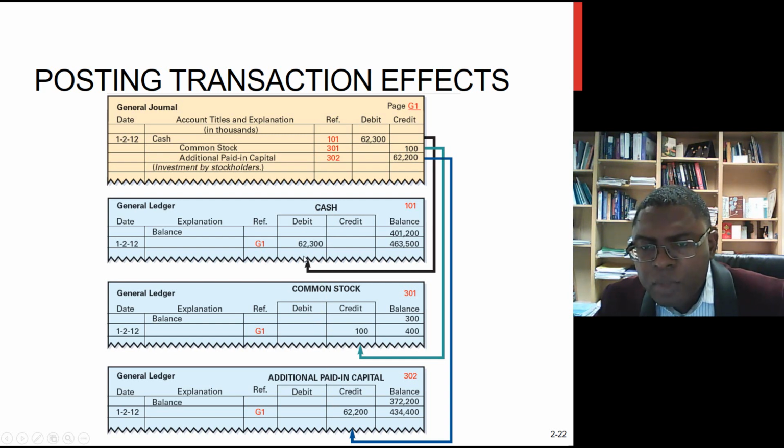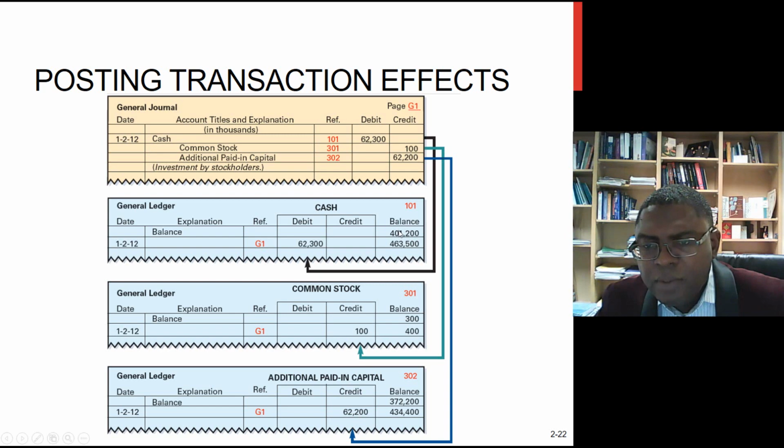When we come to cash, cash is increasing based on transaction A. It has a debit balance because assets have a debit balance. Common stock is increasing. Additional paid in capital is increasing. These are both equity accounts, and equity increases have a credit balance, so they all come on the credit side of their respective T accounts.